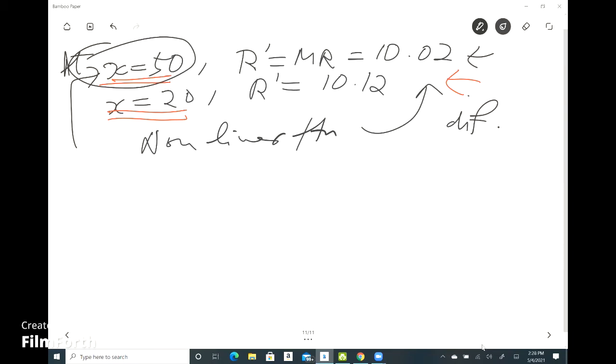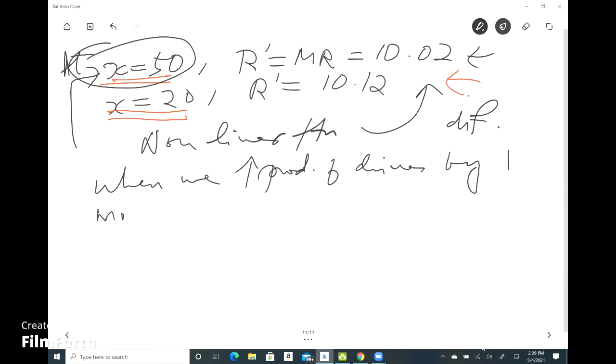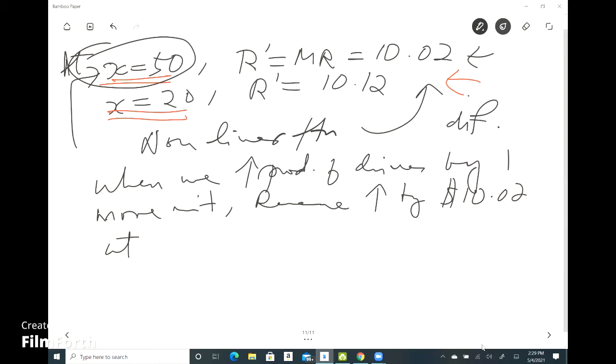So here, when we increase production of drive, or when the drive increases by one more unit, then the revenue will increase by $10.02 at x equal to 50.